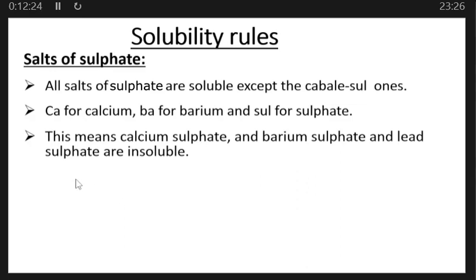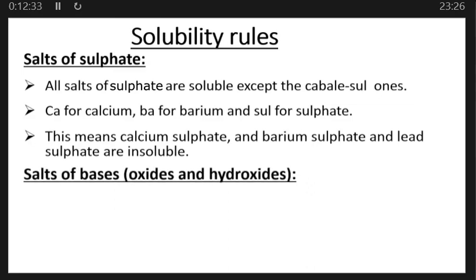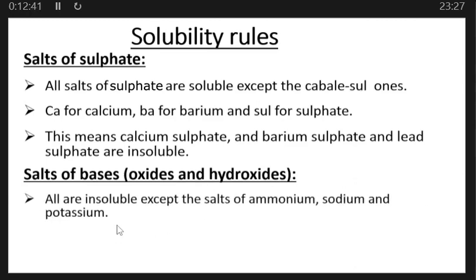Now, let's move to salts of bases, or salts that are formed from bases. These ones we are saying are salts of bases, oxides and hydroxides. We are saying all are insoluble except the salts of ammonium, sodium, and potassium. So for the salts that can be made of hydroxide, the ones that can be soluble are like ammonium hydroxide, which is likely to give a soluble salt.